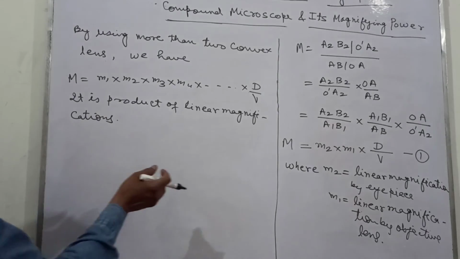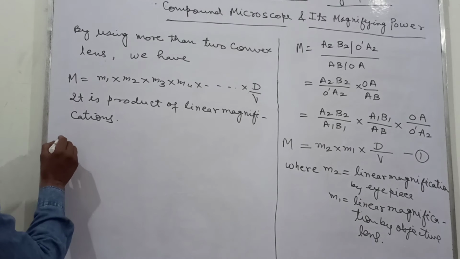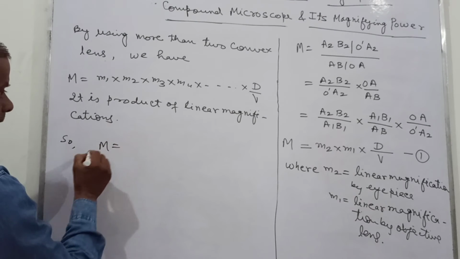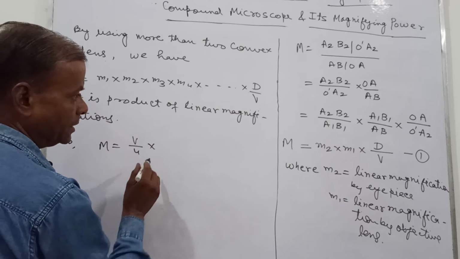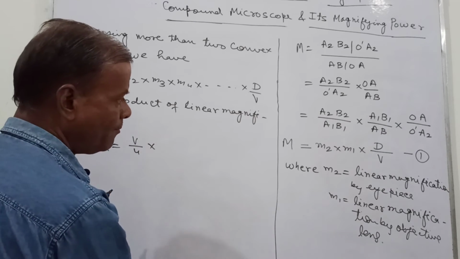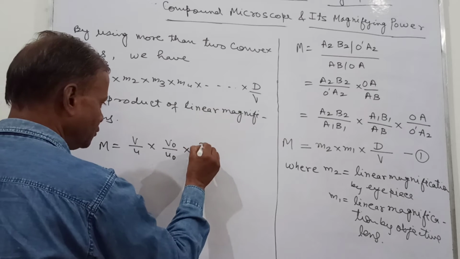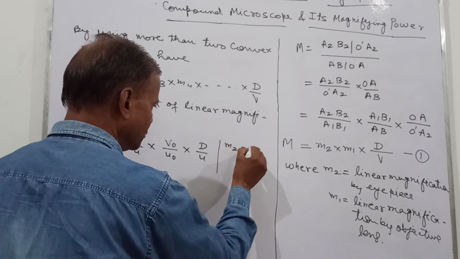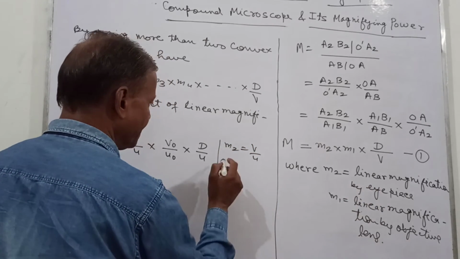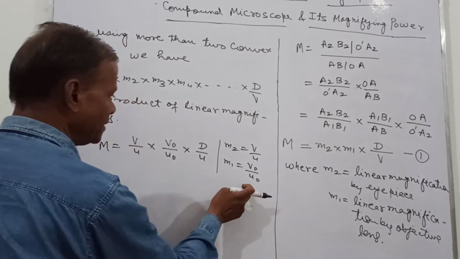So now let us see this one, that this M is equal to V upon U for the objective, and this is now V naught upon U naught into D upon U, where we have put M2 equal to V upon U for the eyepiece, and M1 is V naught upon U naught for the objective lens.